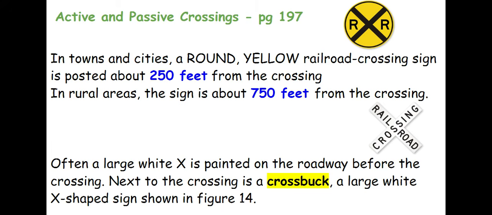Generally in rural areas, all that you may see is just that crossbuck that has railroad crossing painted on it. But again, in residential settings, it's about 250 feet from a railroad crossing, 750 feet from rural situations.